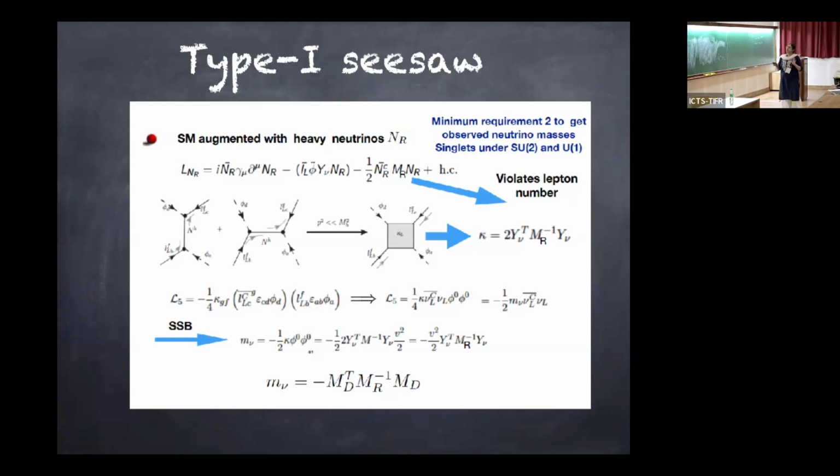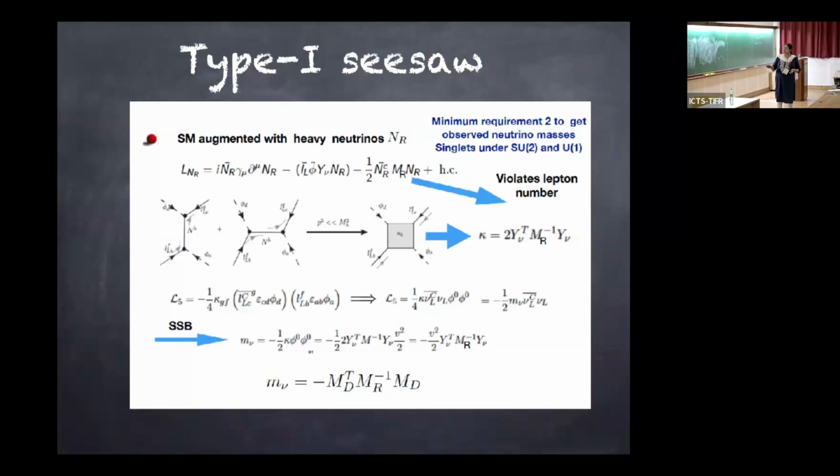That is a minimal field addition, the type 1 seesaw, and I can calculate this side. I know what this side is already from what I wrote, and once I do this calculation, I can equate both sides and get this kappa.